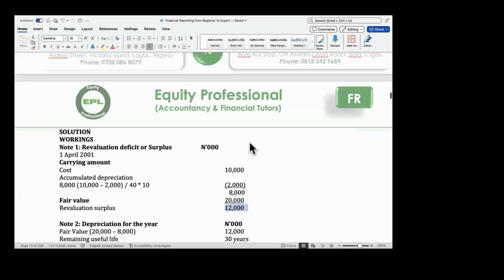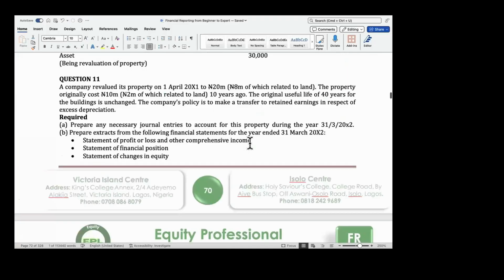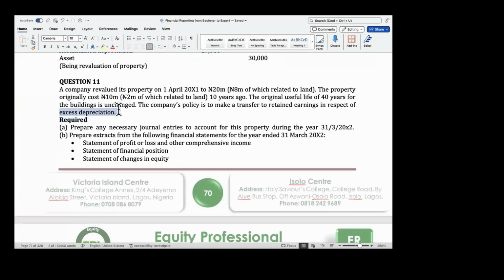So IAS 16 has an alternative: instead of waiting for so long, you can be earning this revaluation surplus by a process called excess depreciation. You be earning it every year, transferring that revaluation surplus to retained earnings gradually every year.